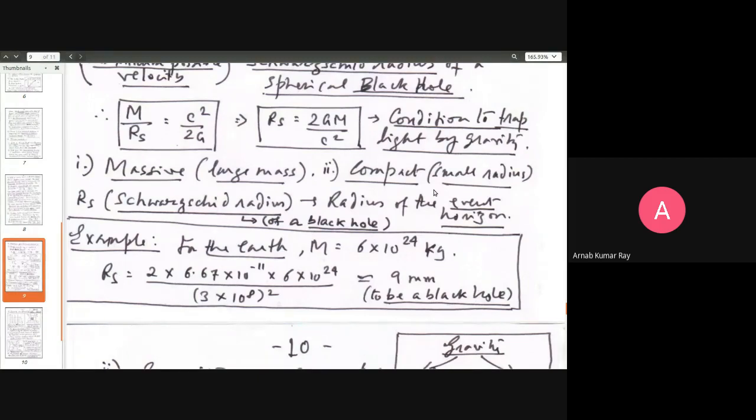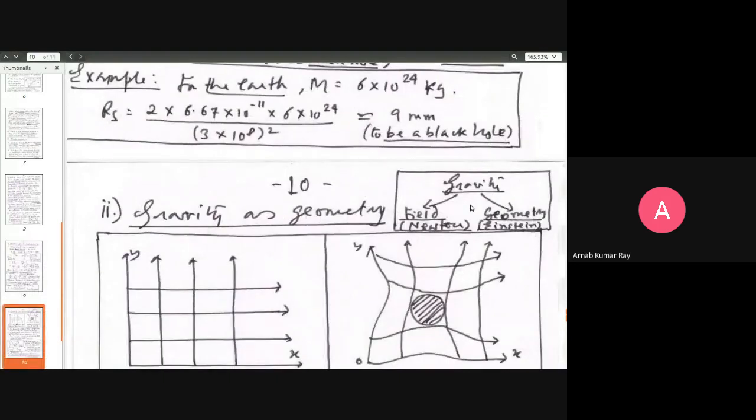So Newton's idea of gravity was like that. You have a massive object and it creates a gravitational field all around. Let's say the sun and the earth. The earth and the sun are not touching each other, right? And yet the sun's gravity is pulling the earth towards it. How is it happening? It's not like a very visible direct interaction, like the way you would hit a cricket ball with a bat, and the cricket ball will feel the force of the bat through a direct interaction.